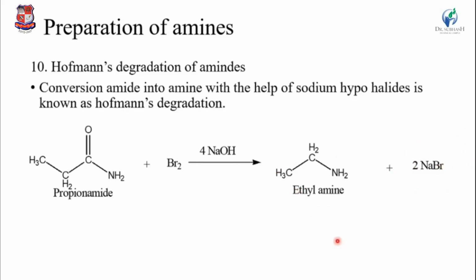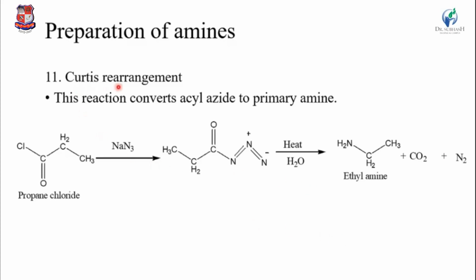Okay. Then the 11th is the Curtius rearrangement. Here the whole structure is rearranged, newly arranged. So first we take propane chloride and react with sodium azide, NaN3.